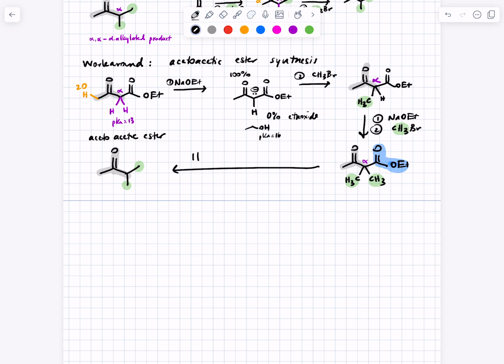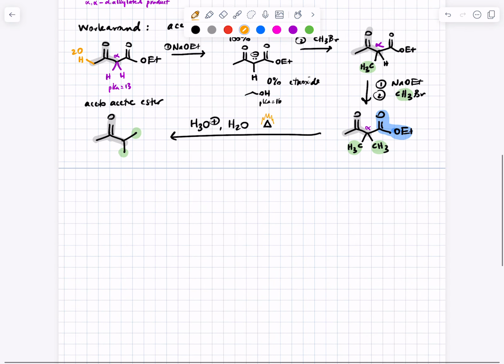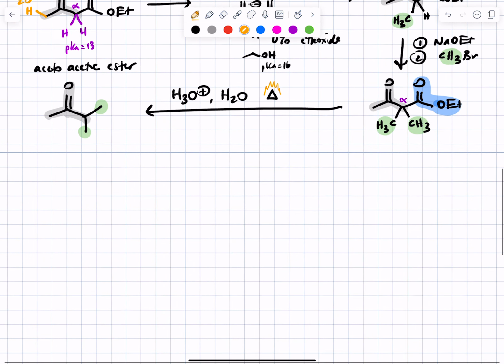The conditions are aqueous acid, a strong aqueous acid, and heat, which looks like a fire triangle, which is why we use it as the symbol of heat, I guess. Okay? So there are three things that happen, and we'll take you through them one by one.